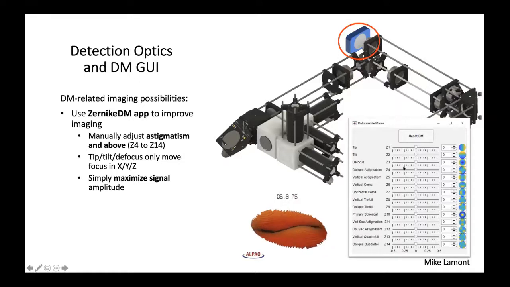The Zernike polynomials change the shape of the mirror. Because of the curvature of the spinal cord, when we tune the shape of the mirror, we're able to enhance the signal, which we are not able to see from signals that are a lot deeper. That's basically what the deformable mirror does. And in the end, we'll simply maximize the signal amplitude that we get from imaging.